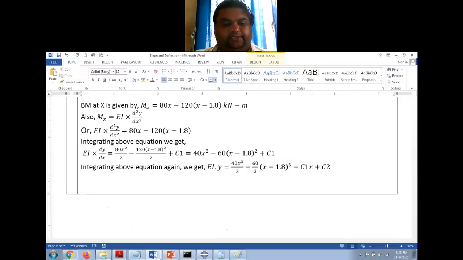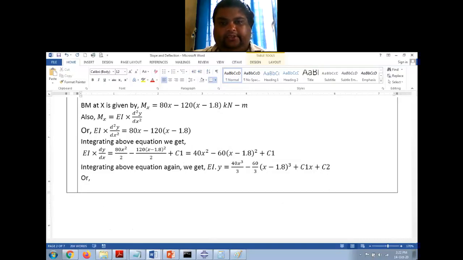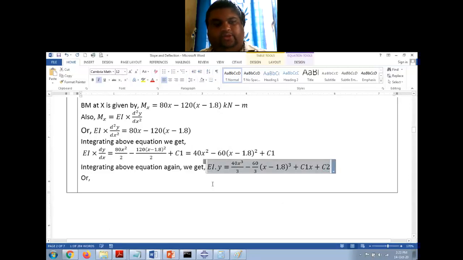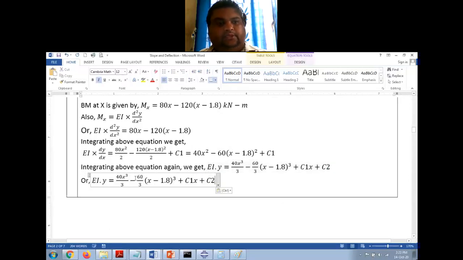That is my integration. Or I'll just simplify this and copy this as it is. 40 by 3, it will become a ratio, so I'll just keep it as it is. 60 by 3 will become 20. I'll just change that and the rest will remain the same, right?